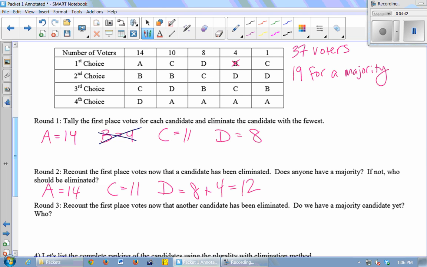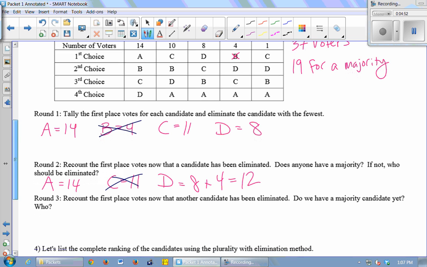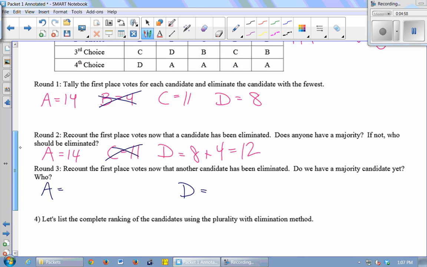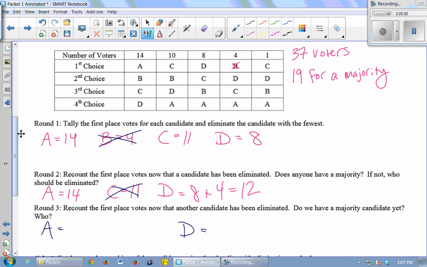So now we eliminate the candidate that has the fewest in this round, which would be C. We're going to get rid of C, and then we recount the votes between A and D. So we have to go back to our ballots and decide who those 11 votes that were for C are going to go to now.